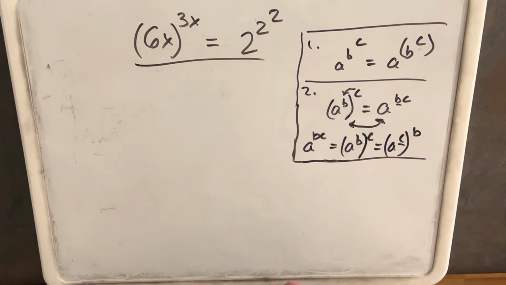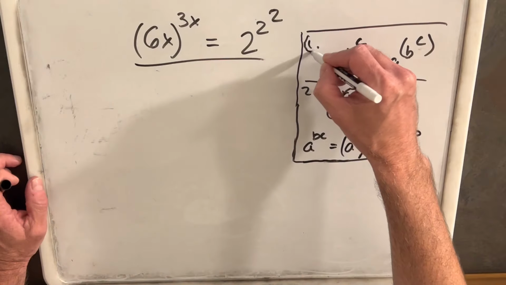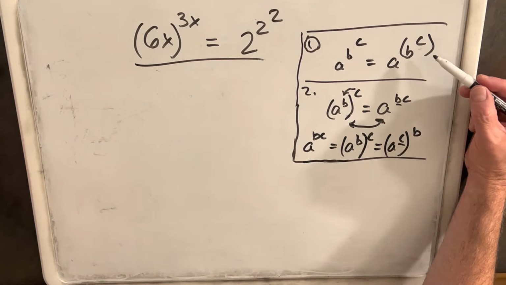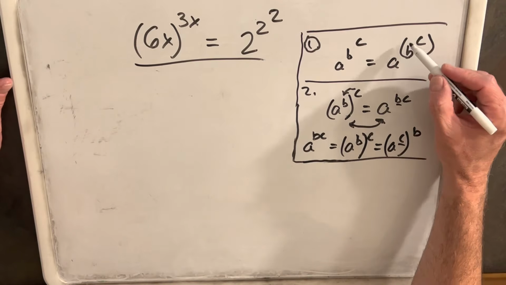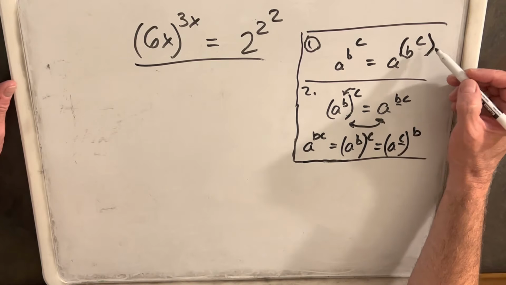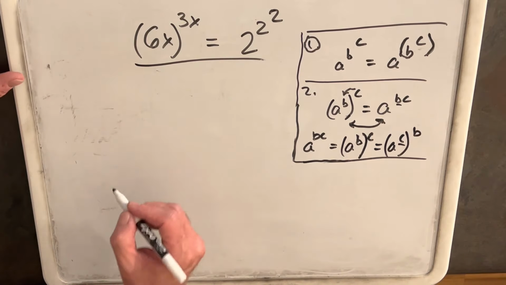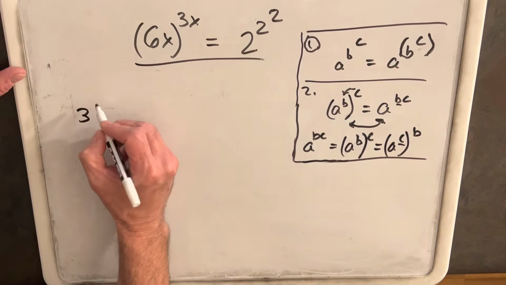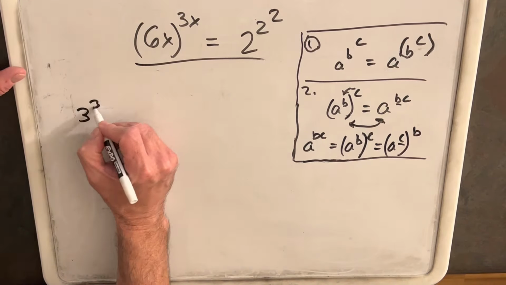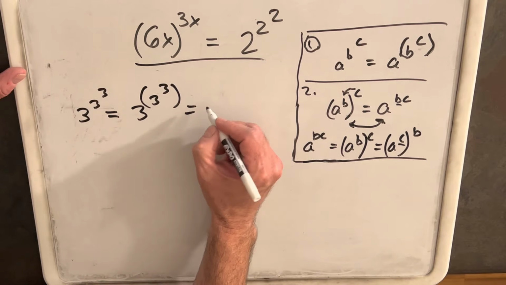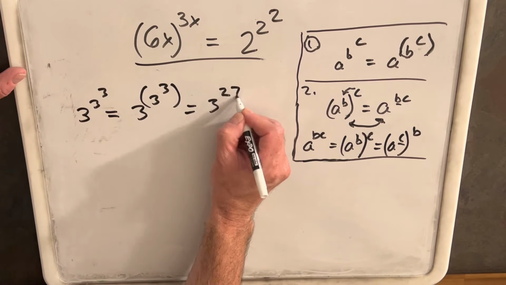The first property tells us that for an exponent tower we calculate from the top to the bottom. The parentheses around the exponent indicate that you calculate the top part first. A quick example: 3^(3^3) is the same as 3^27.